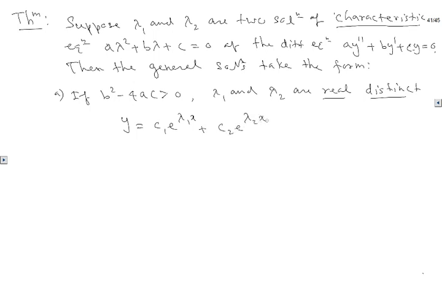That's the first case. The second case, if b squared minus 4ac equals 0, then what happens? Then lambda 1 equals lambda 2, real and equal.